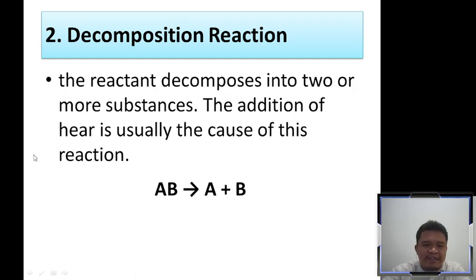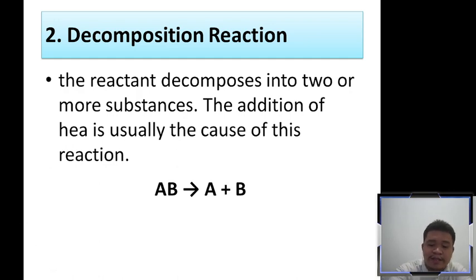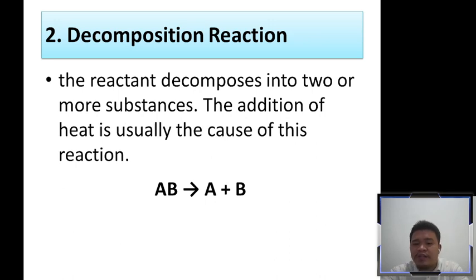So usually in a decomposition reaction, heat as a catalyst is involved in order to decompose the substances into simpler substances, and this is usually represented with AB yields A plus B.